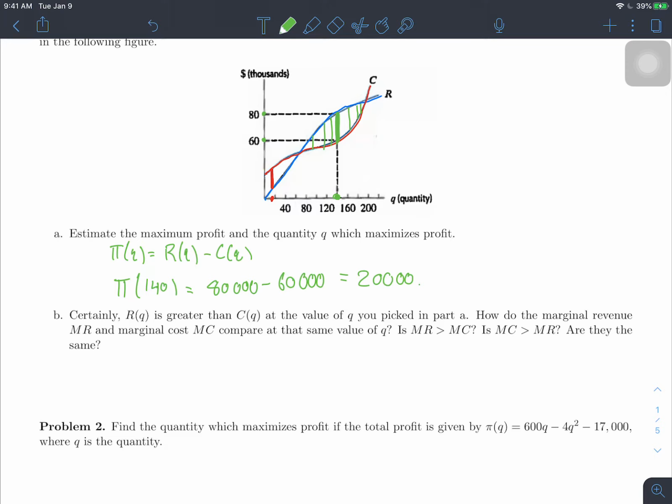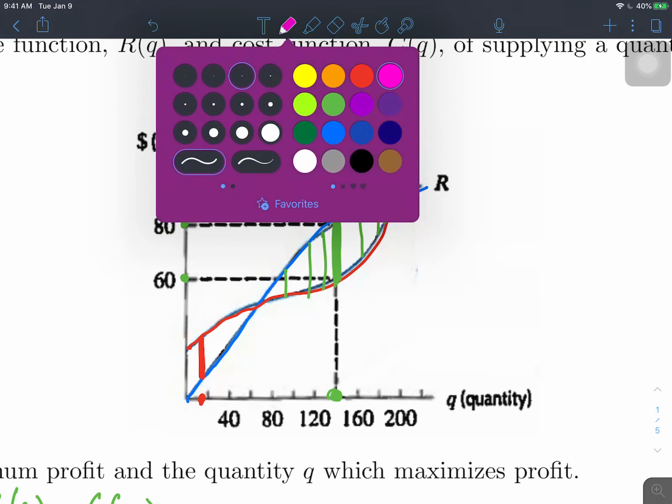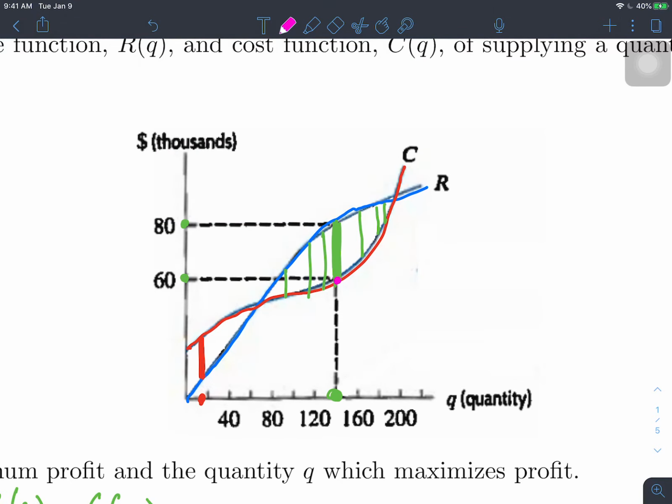Now let's compare the marginal revenue and the marginal cost at the value Q. So let's consider, what do these tangent lines look like? Put one in right here. Looks something like that. If we drew another tangent line right at this point, it would look kind of like that.